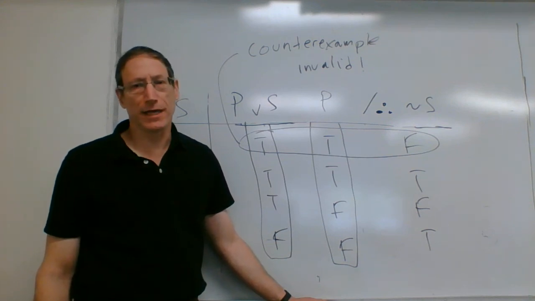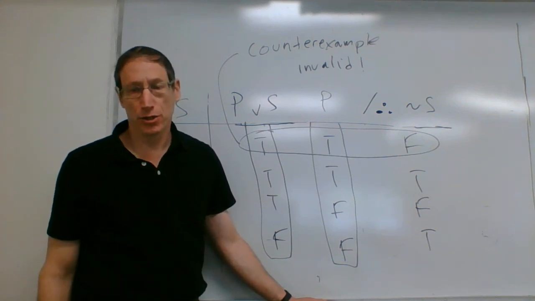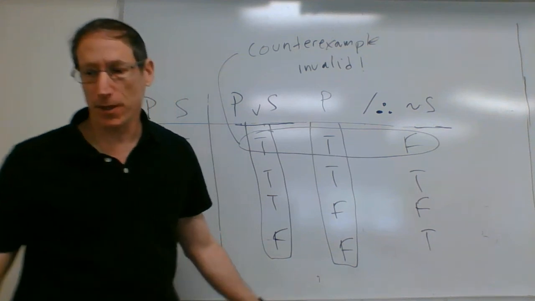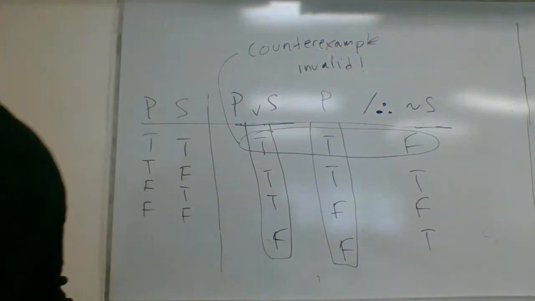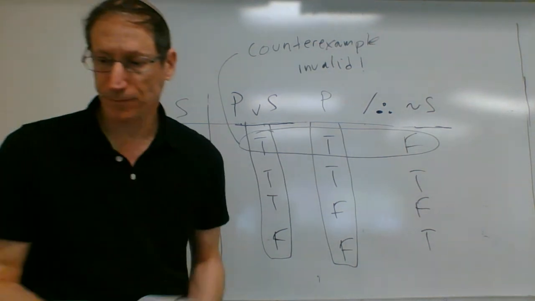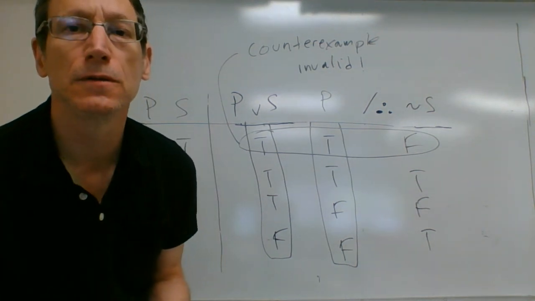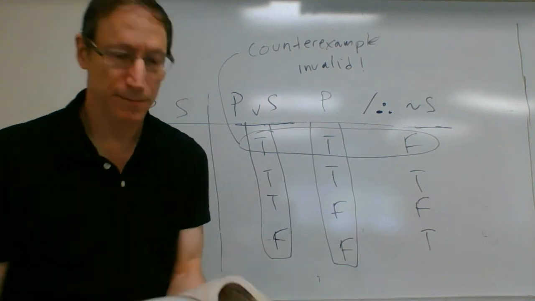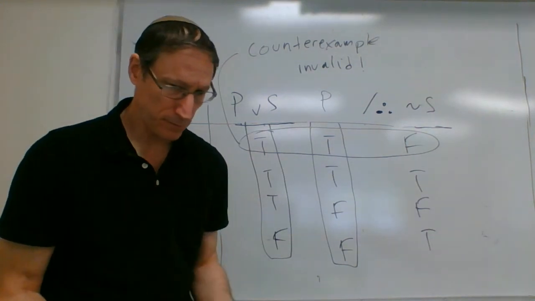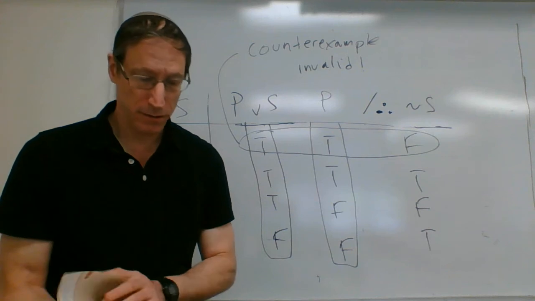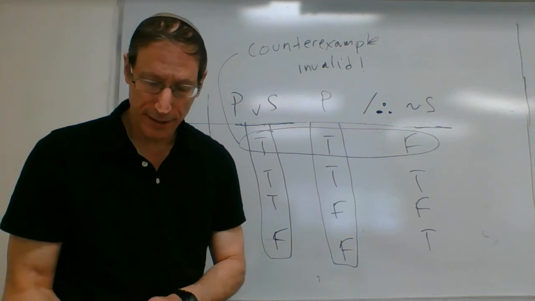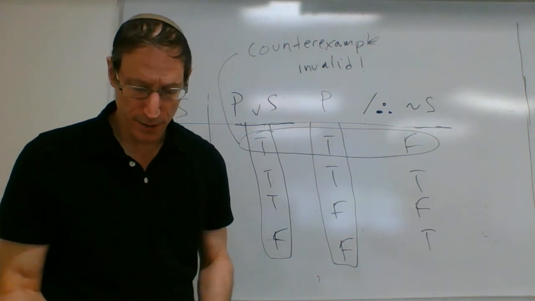Maybe I'll do one more example and use a little shortcut method, okay? So let me get back to my book for a second here. Excuse me one moment. My book's falling apart. In any case, let's see here.